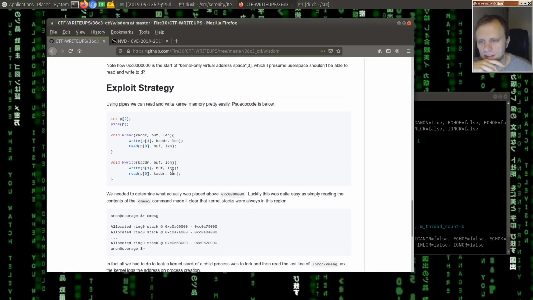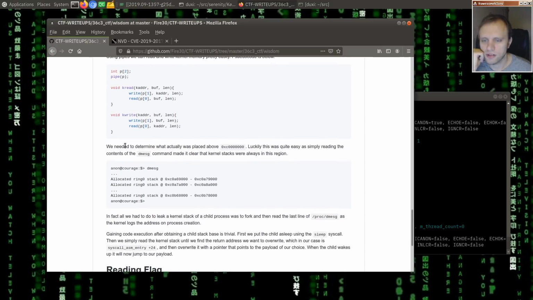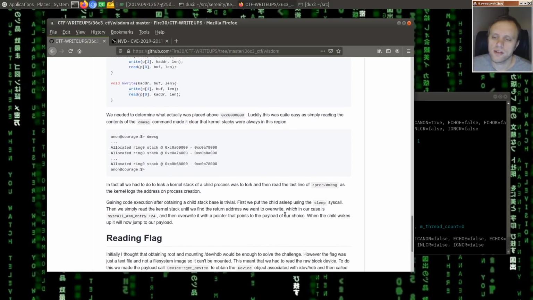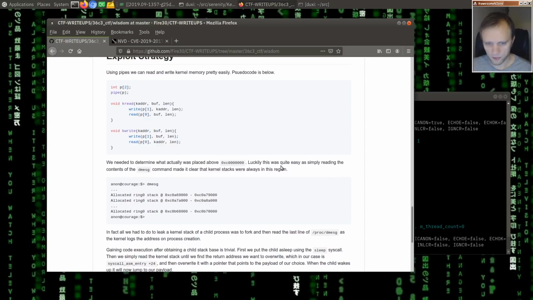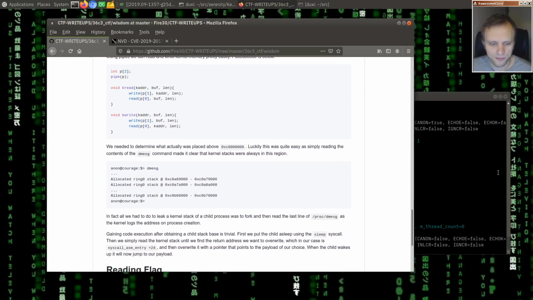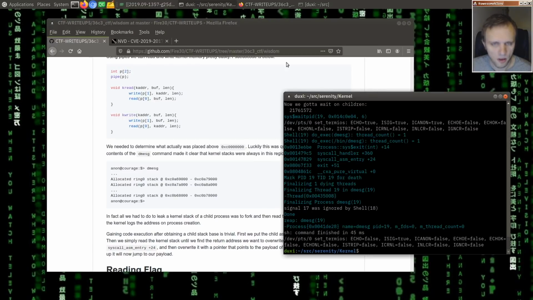So that's pretty easy. Then, of course, he needs to figure out something that he can actually copy from kernel memory, because he wants to gain code execution, I guess.